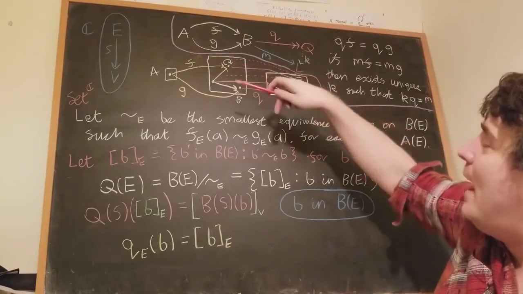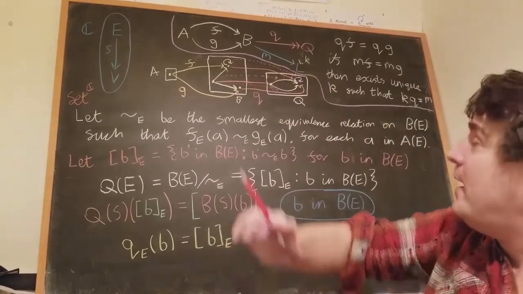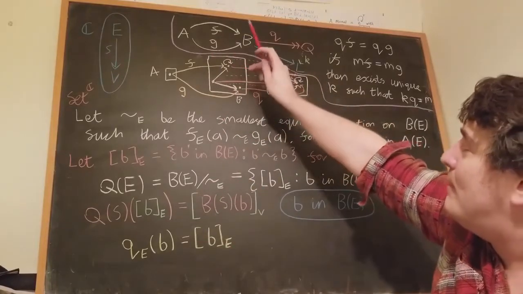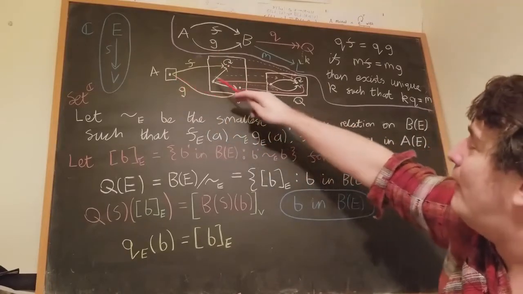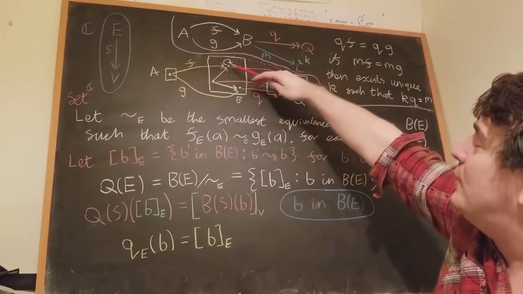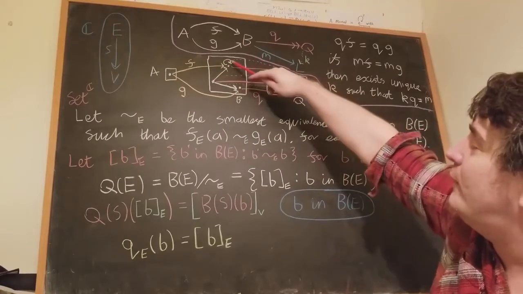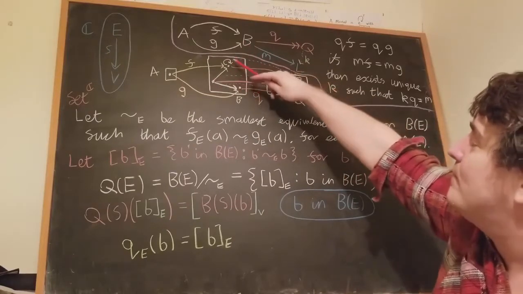So what we can do is make another object A with these two arrows, which are selecting these two vertices that we want to identify.